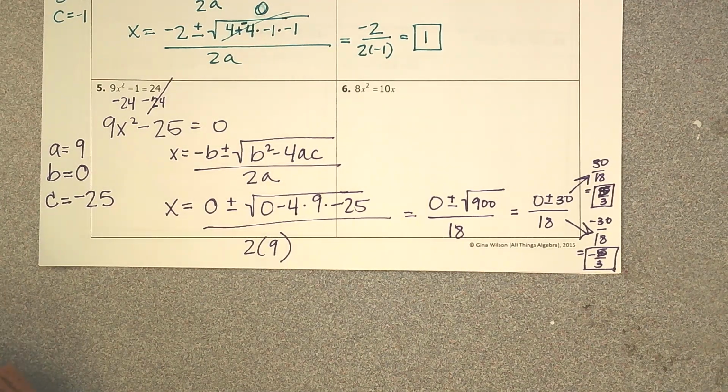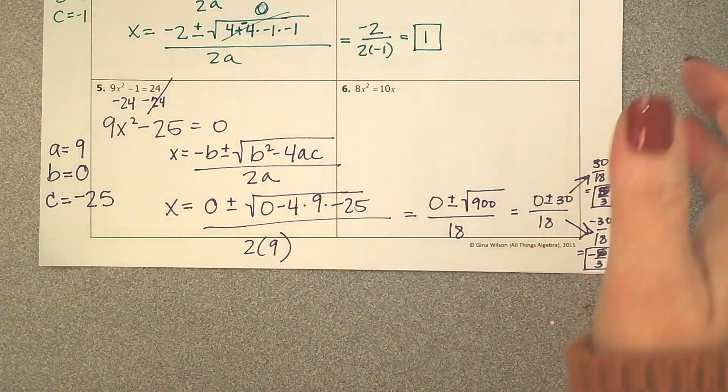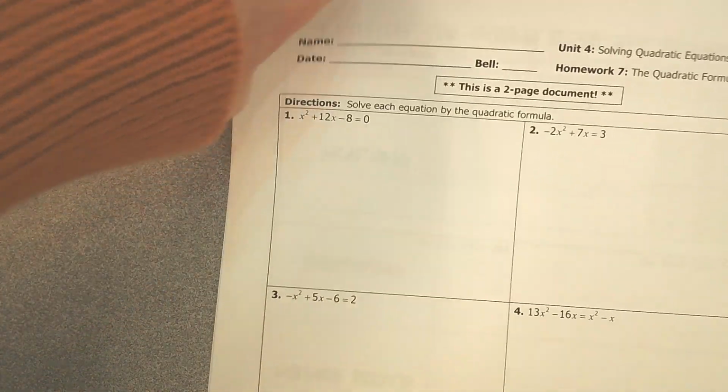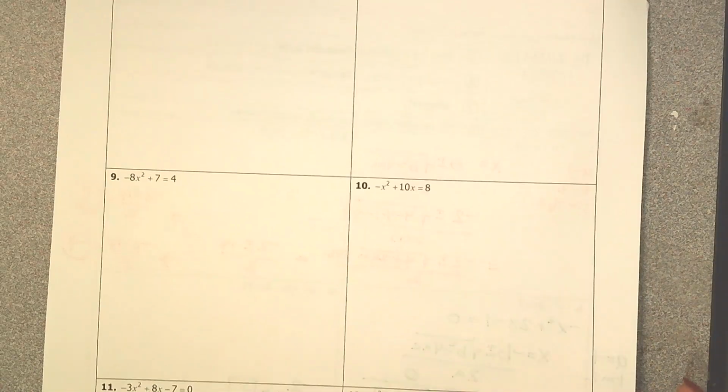Any questions on those? There are a couple of songs to help you remember the quadratic formula, so I'll sing one of them with you. Y'all repeat after me. Negative b plus or minus square root b squared minus 4ac all over 2a.